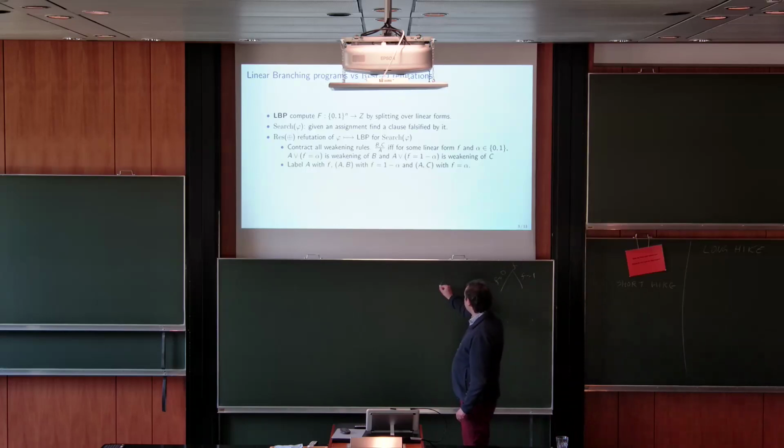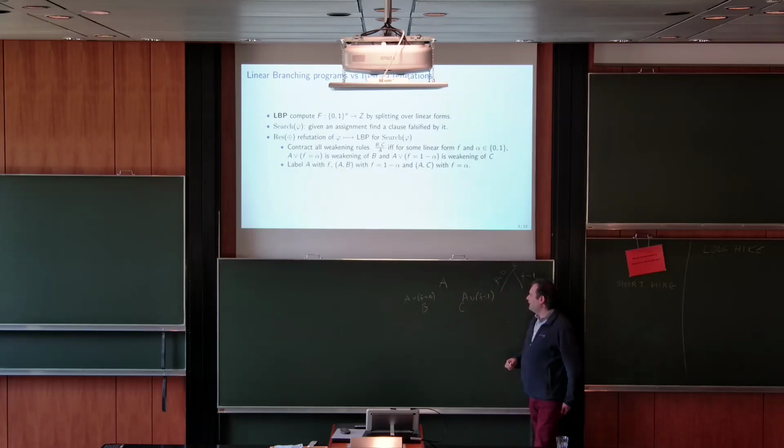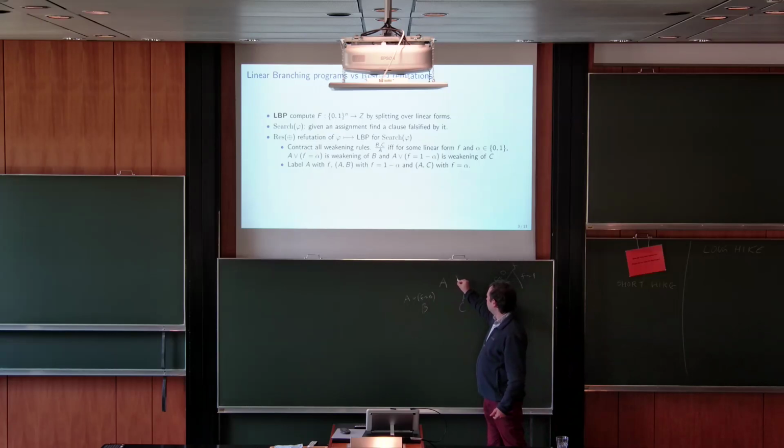Assume that clause A is obtained from B and C, and B is a weakening of A with the form equal to 0, and C is a weakening of A with the form equal to 1. Then in a branching program, we will split on the form F, and here this value will be equal to 1, and here equal to 0.